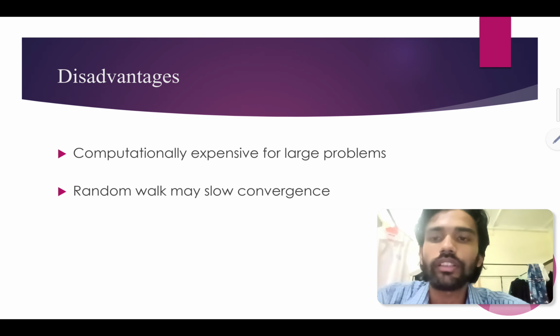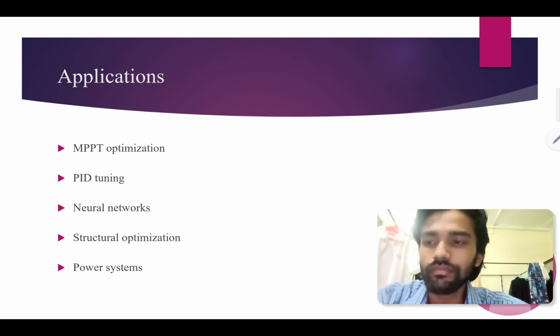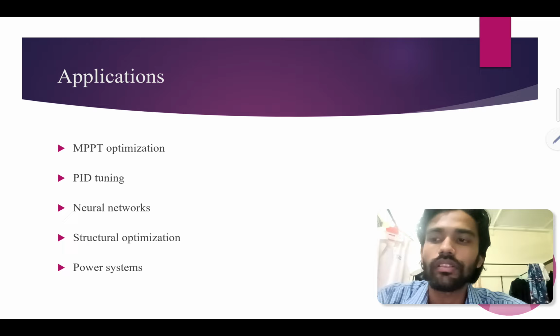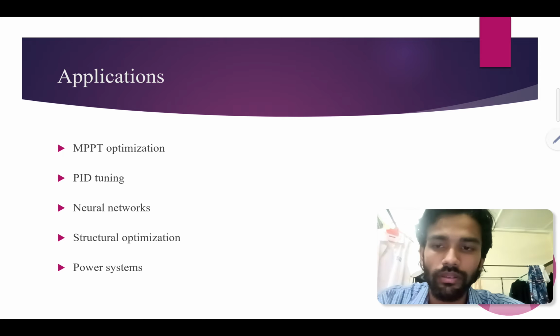So coming to the next part, the applications. ALO is used in many engineering fields, such as electrical engineering, artificial intelligence, mechanical engineering, renewable energy, etc. In electrical engineering, it is used in MPPT optimization, PID tuning, power system optimization also, and in artificial intelligence, it can be used in neural networks, structural machine learning optimization.